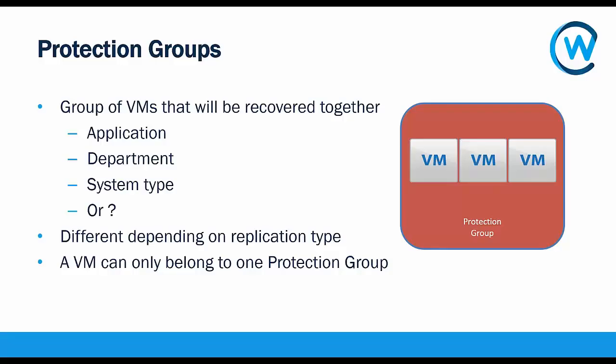It's about what the business requirement is, and having the software available to allow us to meet those requirements. A VM can only belong to one protection group. So that's quite important. You're not going to be able to split it out over different protection groups. What you can do, however, as we'll touch on shortly, is have the protection group in different recovery plans.